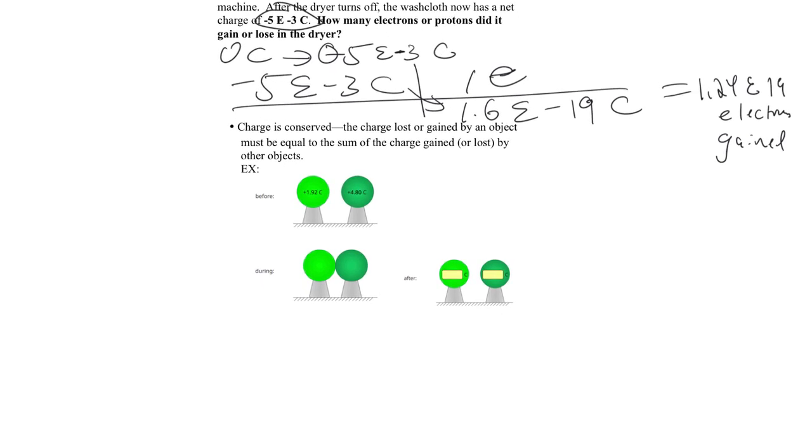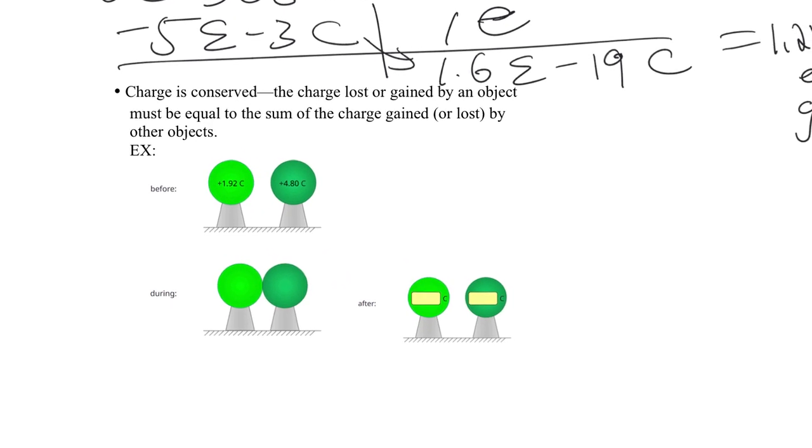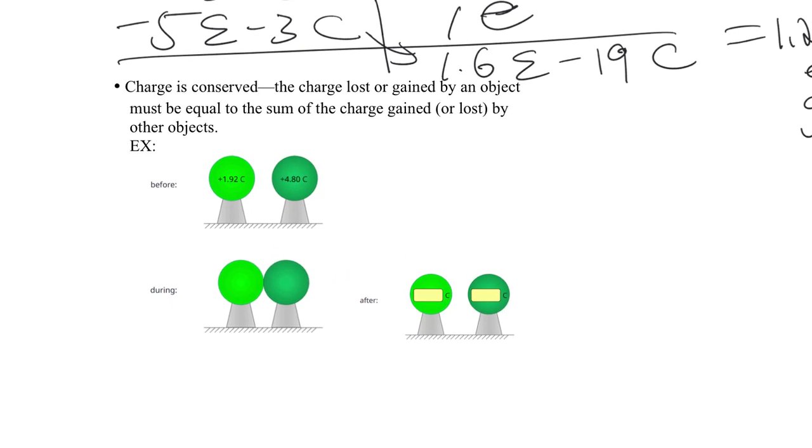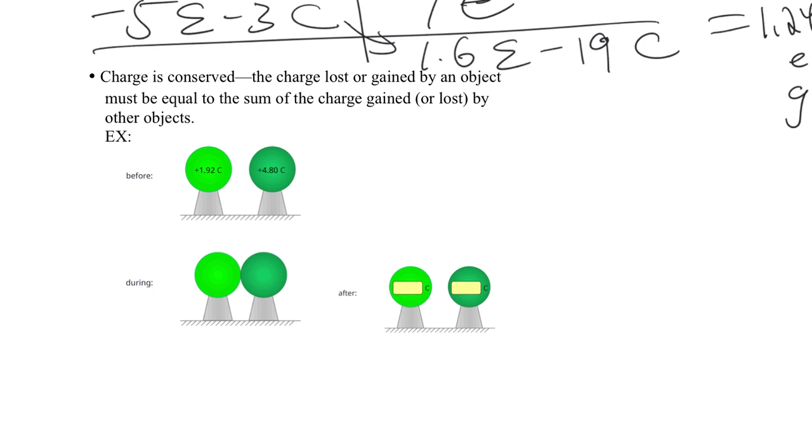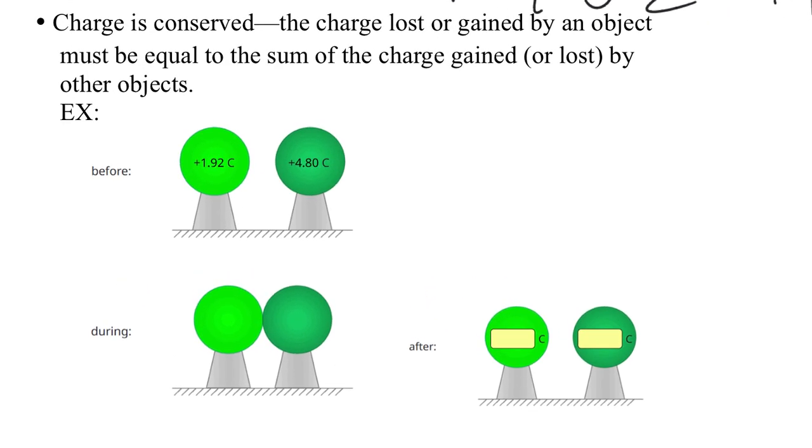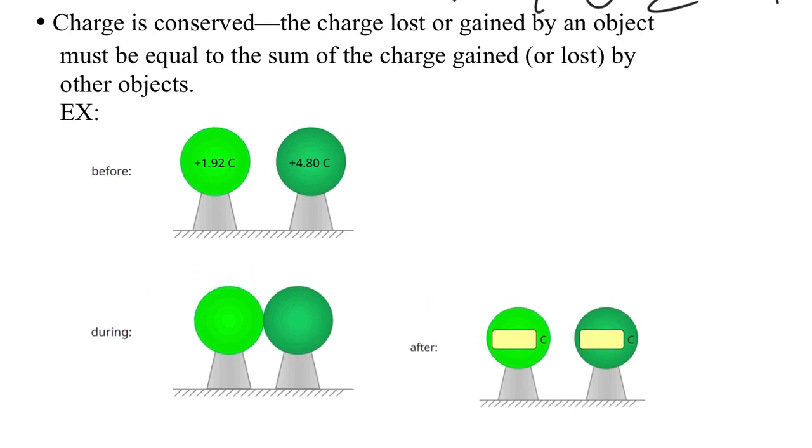Okay, this is a positive physics problem right here. So these are 2 metal balls. This ball on the left had that charge, positive 1.92. The other one has 4.8 coulombs.